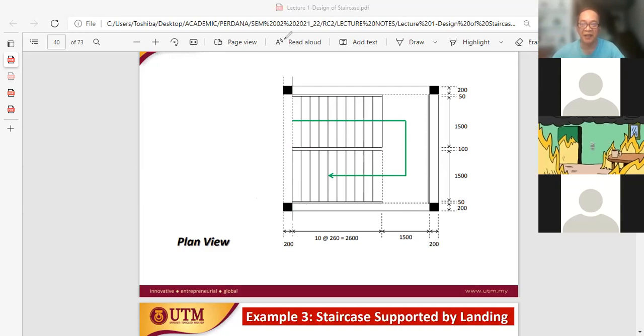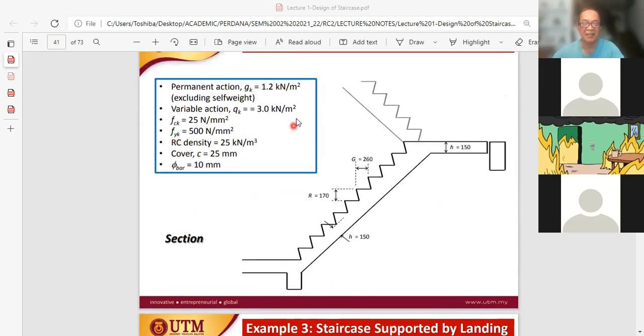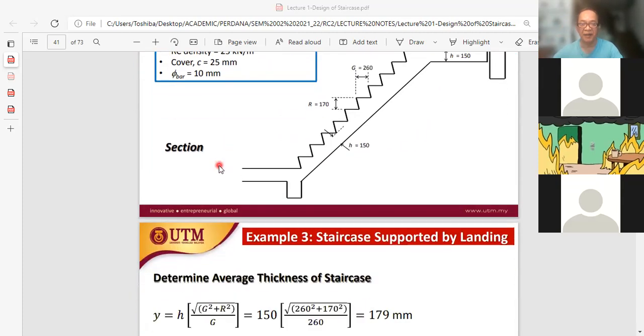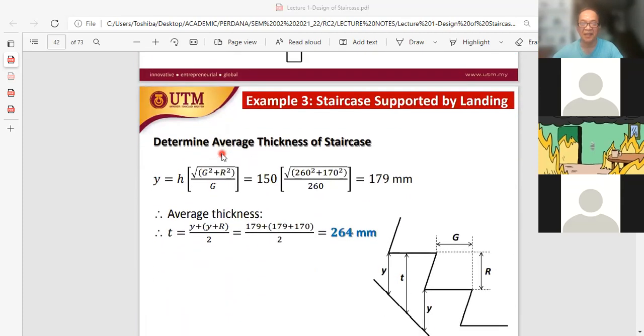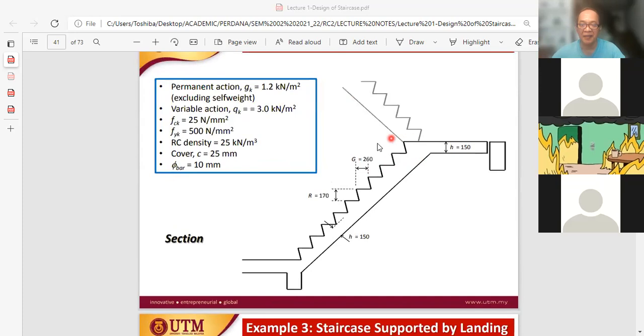Right. So, looking at these two schematics, kemudian these are the data given, the permanent GK excluding the self-weight, variable load given, okay, dan sebagainya. Maka, as usual, untuk bahagian tangga, we still need to get the reaction di sini. Okay.